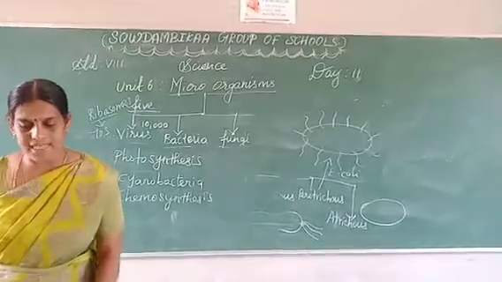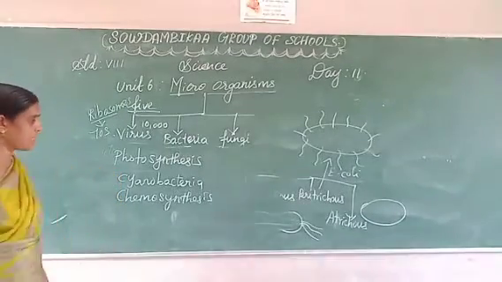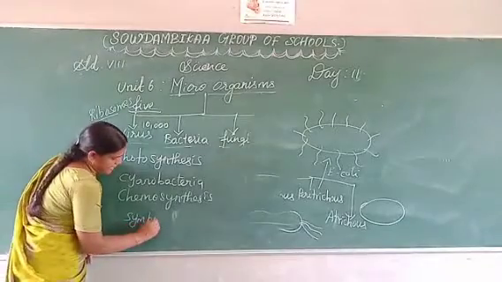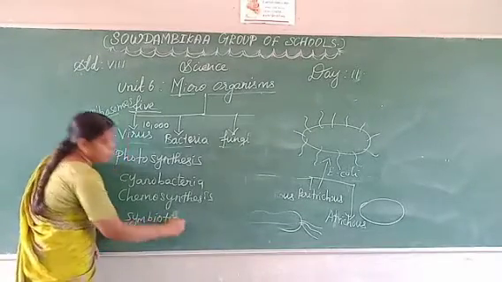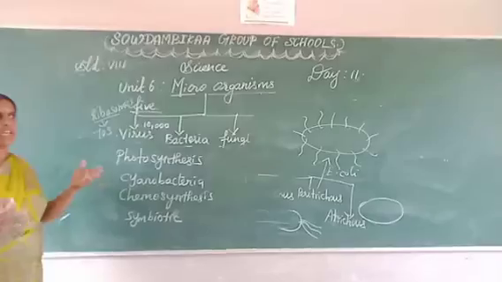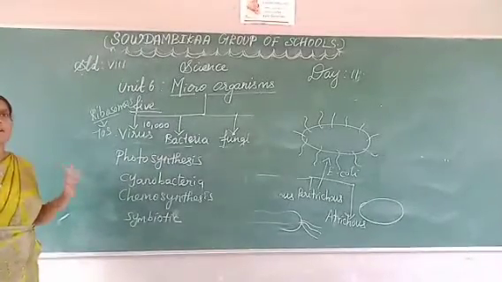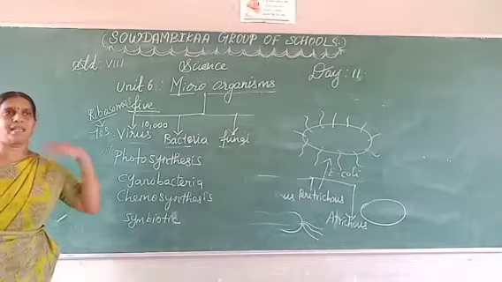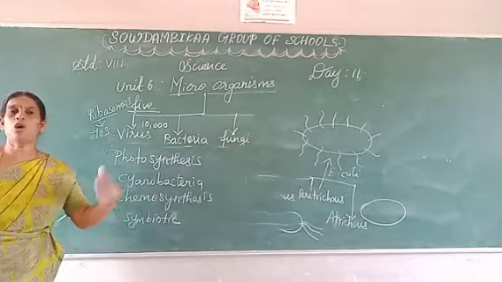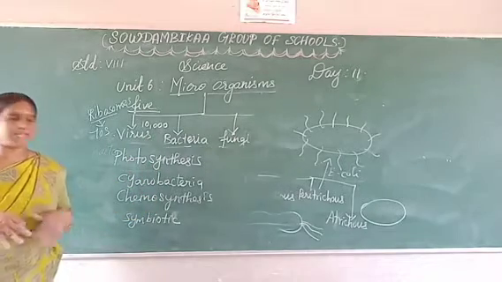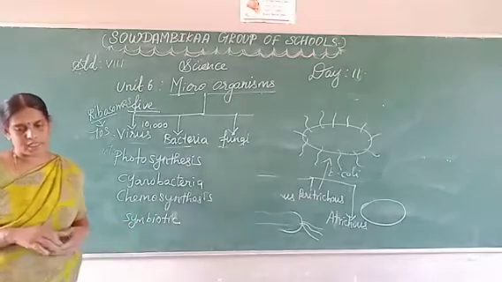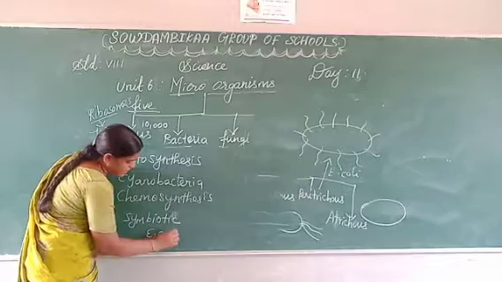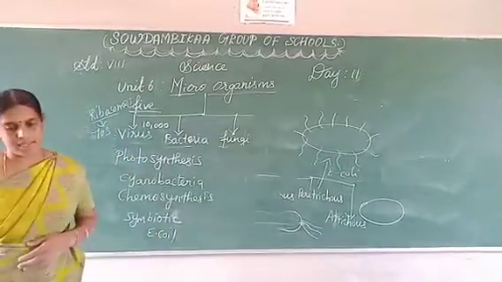Some bacteria exhibit symbiosis. What does symbiotic mean? They mutually benefit. If bacteria attach to a host cell, the host cell gives food to the bacteria and the bacteria give food to the host cell. That is a symbiotic relationship. The example is E. coli, present in the small intestines.